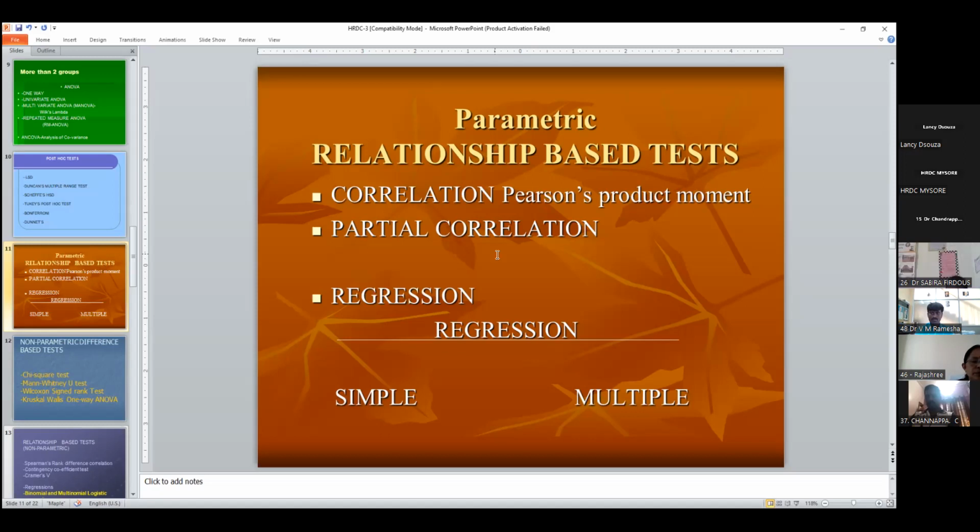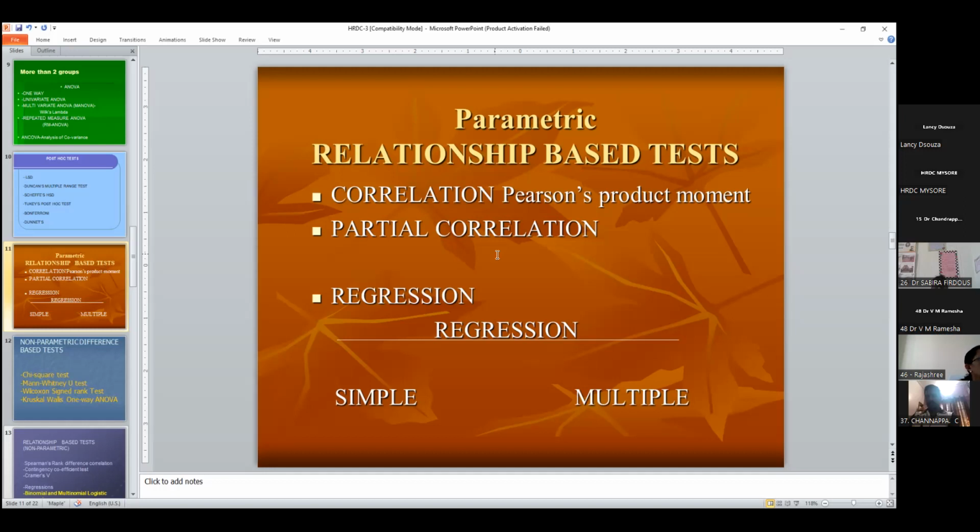Suppose you want to predict something; the prediction comes through a simple method called regression. If correlation gives the idea of mutual relationship between two variables, regression says what is the rate of change. The rate of change here refers to: as x increases, what happens to y.